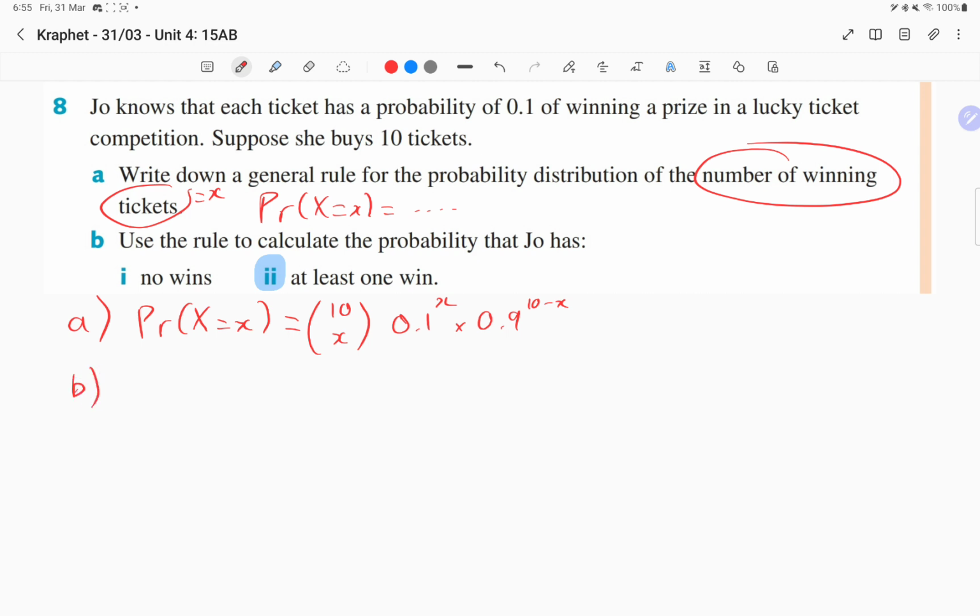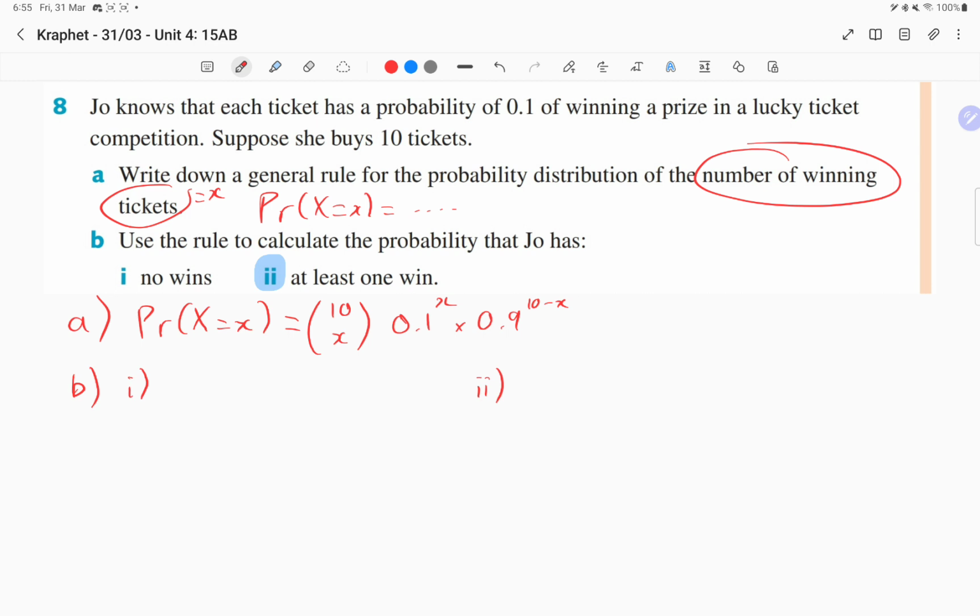Now, part E1. Use the rule to calculate this and that. This one you can do without a calculator.